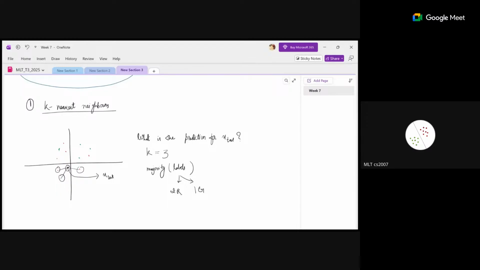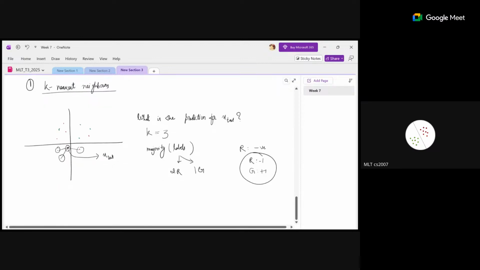The majority is red color. Red was denoting a negative label, let's say -1, and green was, let's say, +1. So what label should my algorithm predict for this X test? It should predict red.